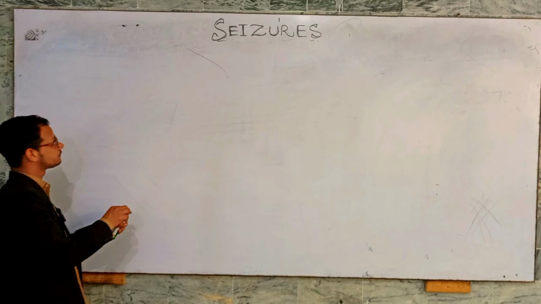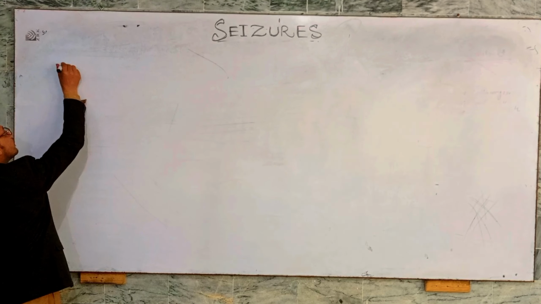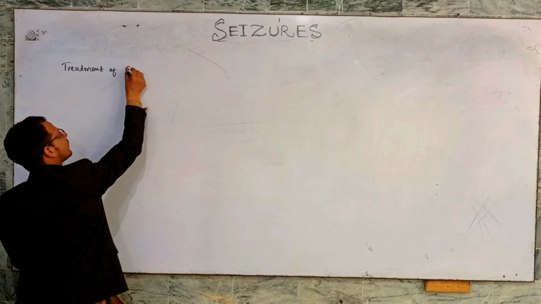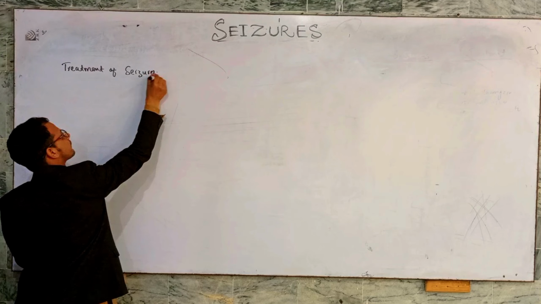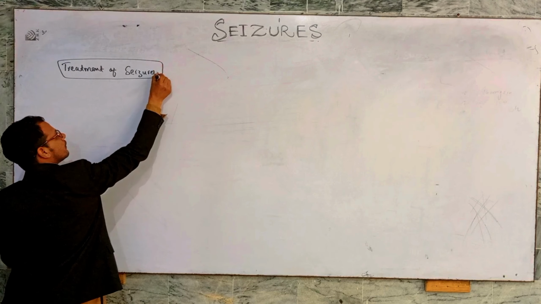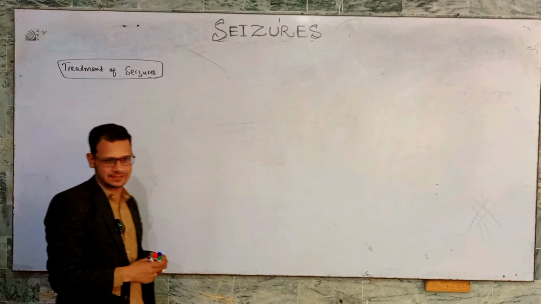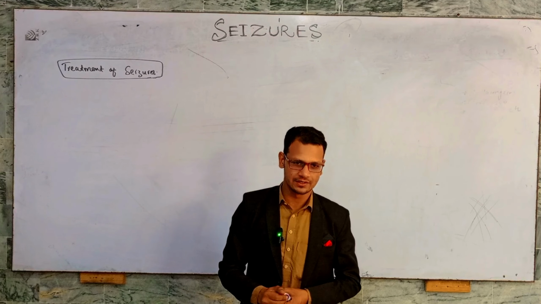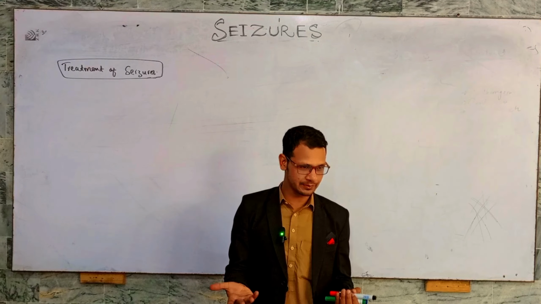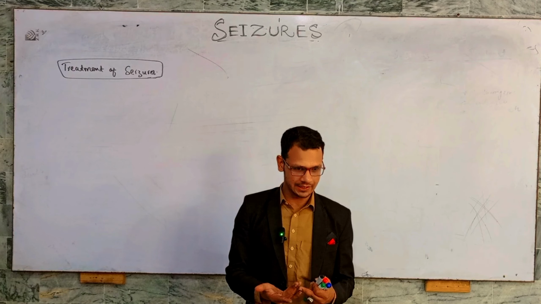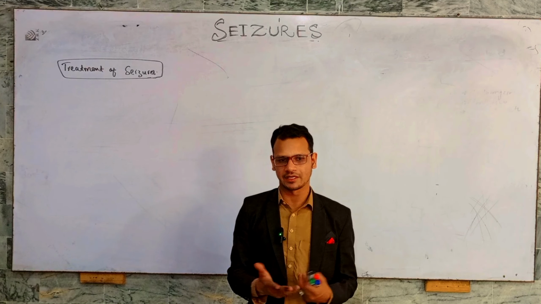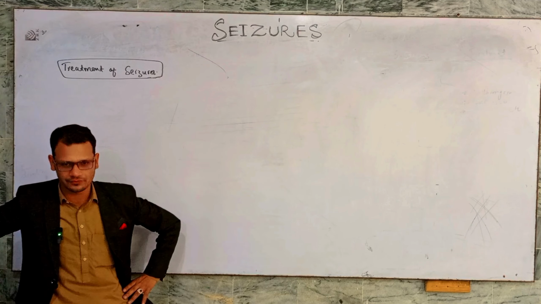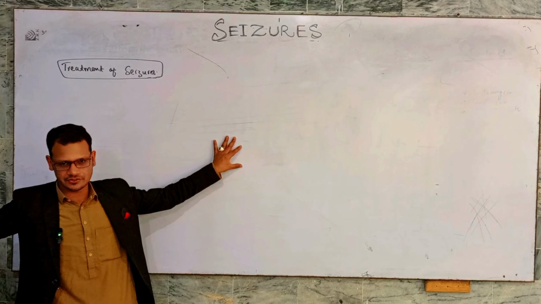Now the treatment of seizures. Drug of choice for these seizures. There is no drug of choice for seizure because the barbiturates, phenobarbital and valproic acid have the same efficacy, right? But here is some order of treatments in seizure treatment, right?